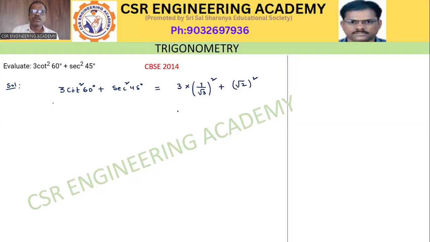That is equal to 3 into 1 by root 3 whole square, which is 1 by 3, plus root 2 whole square, which is equal to 2. 3 into 1 by 3 is equal to 1, plus 2 is equal to 3.